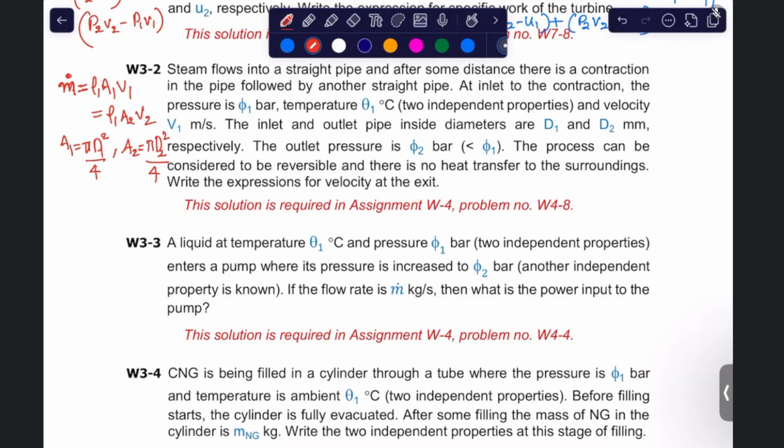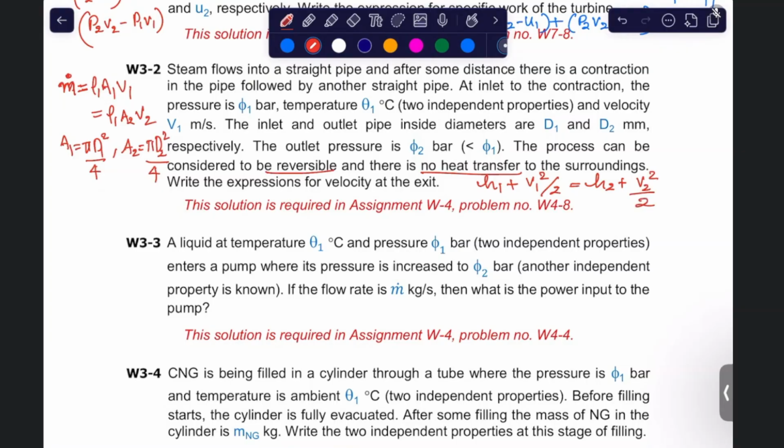Apply first law: reversible, adiabatic, isentropic. Everything is given. Reversible, no heat transfer, adiabatic. So then H1 plus V1 square by 2 equal to H2 plus V2 square by 2.